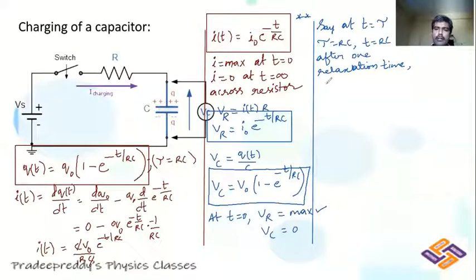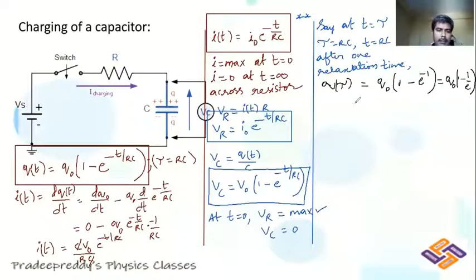Q of tau is equal to Q naught into 1 minus e power minus 1, because t is equal to tau and the denominator is also tau, so it is e power minus 1. E power minus 1 is 1 by e. This is equal to Q naught into 1 minus 1 by e.